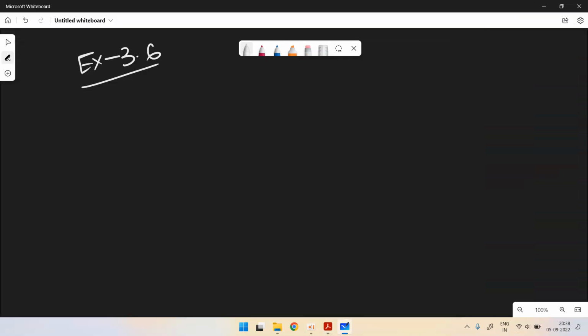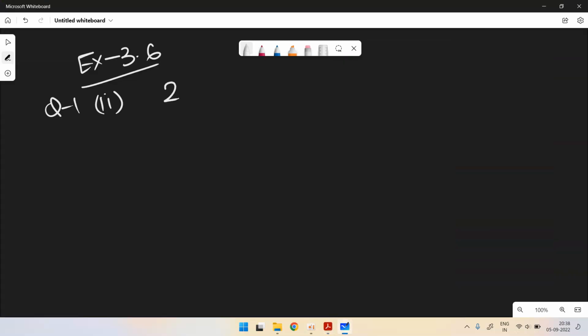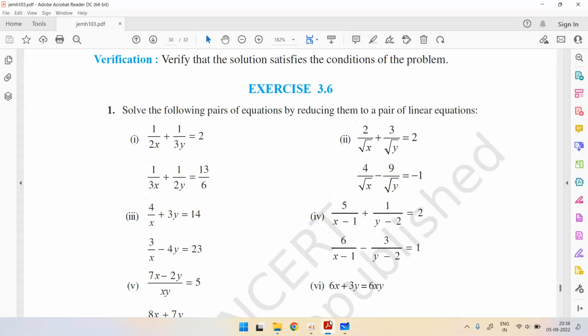So question number 1, part number 2, I will be taking. What is given is 2 over root x plus 3 over root y equals 2, and next is 4 over root x minus 9 over root y equals minus 1.